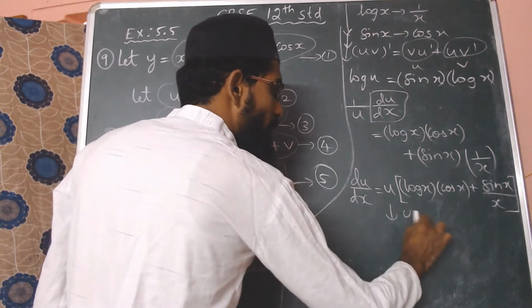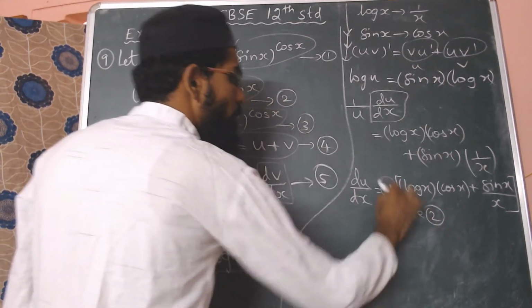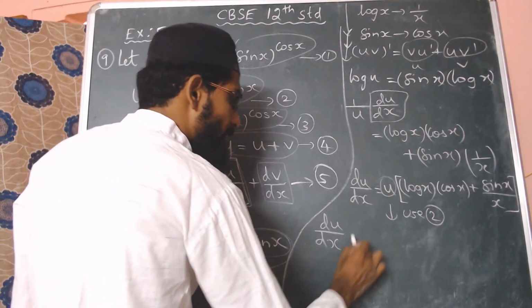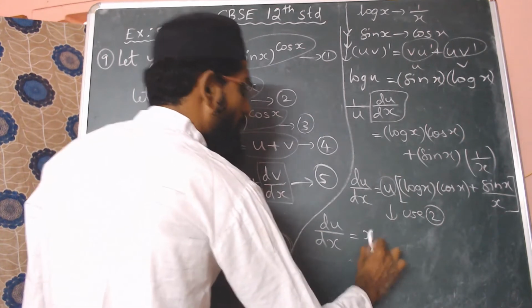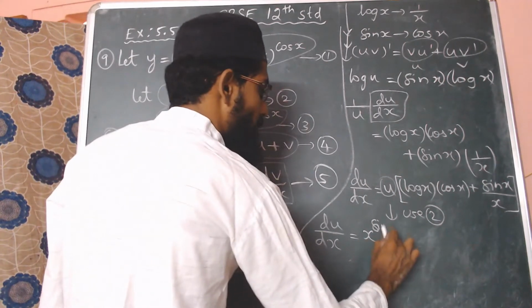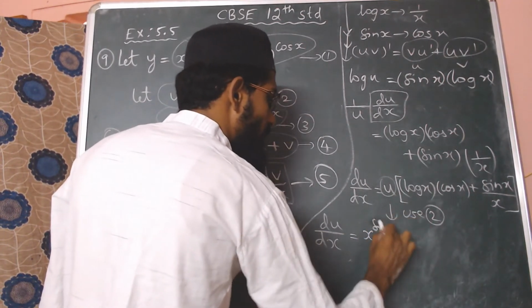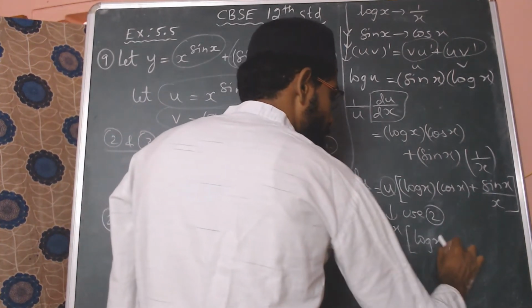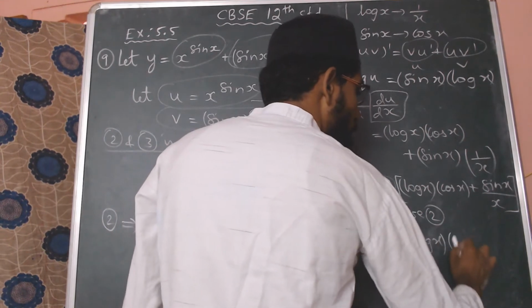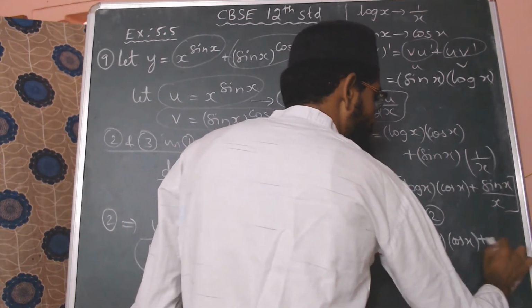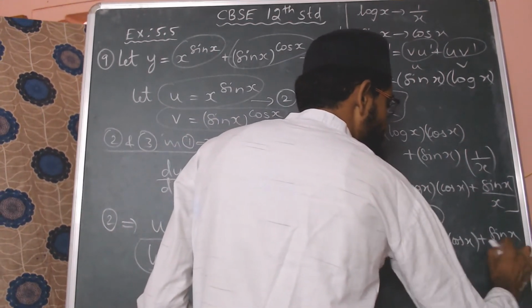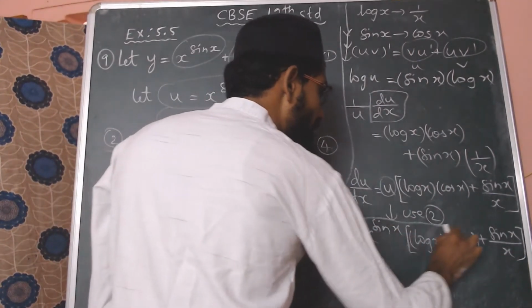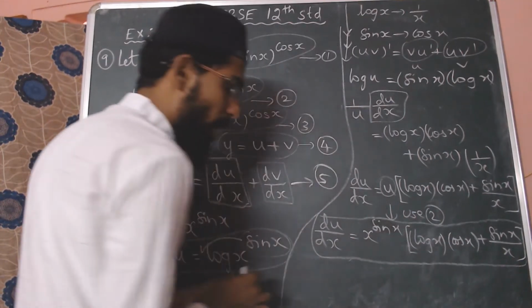So in the place of u, I can substitute x power sin x. So du by dx equal to x power sin x into log x into cos x plus sin x divided by x. This is my du by dx.